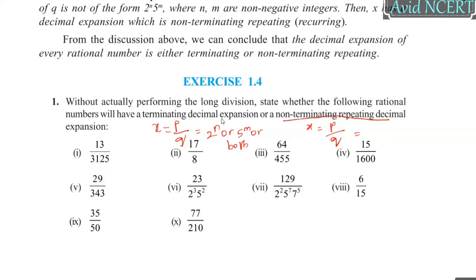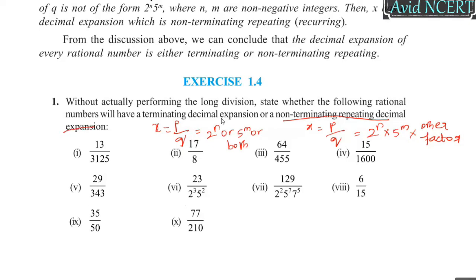It also has other factors, so it will be of the form 2 power n into 5 power m into other factors. Then this type of rational number will be said to have a non-terminating repeating decimal expansion.